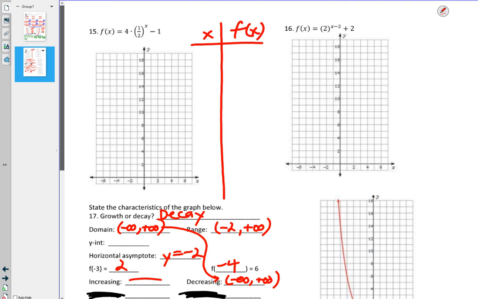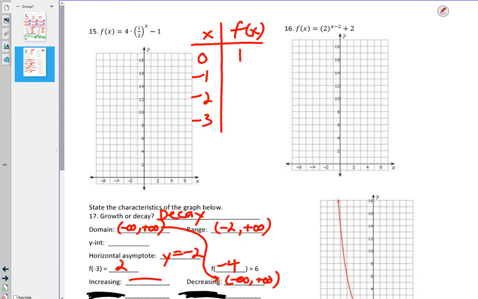What type of function is this? If there's a decay, what did I recommend using for decays? 0, negative 1, negative 2, negative 3. Sam, what is 1/2 to the 0 power? Good. Kiara, what is 1/2 to the negative 1 power?